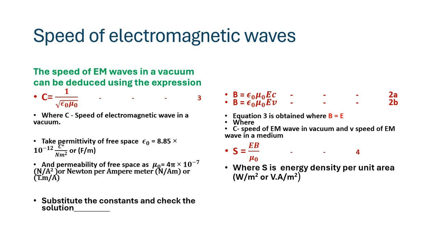And then mu naught here is the permeability of free space. So the SI unit of the energy density is written below: watt per meter squared, or volt ampere per meter squared. Let's proceed.